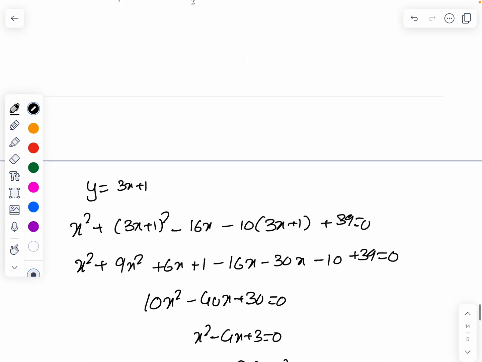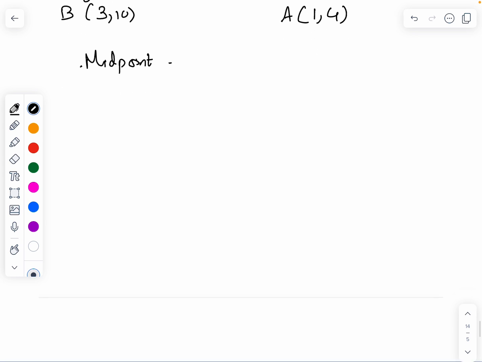So for that, first of all, I am going to take A and D and find the perpendicular bisector for AD. The midpoint of AD will be (1 minus 13)/2, comma (4 plus 2)/2, which is (-6, 3).